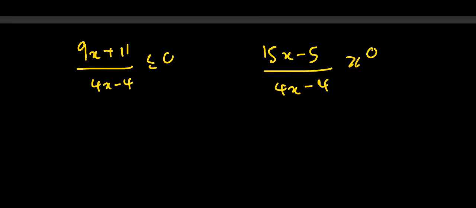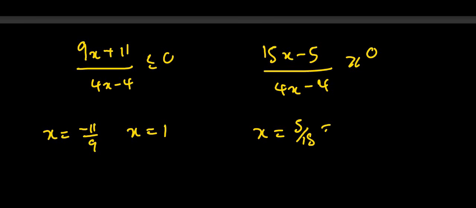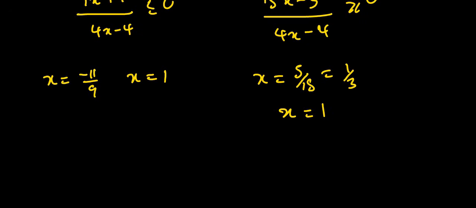We solve the numerator here, we'll get x equal to negative 11/9. Solve the denominator, we get x equal to 1. We solve the upper part of the other one, this gives us x equal to negative 5/15, which is the same as negative 1/3. Then the down part still gives us x equal to 1 because they're the same thing. So now we get to test.